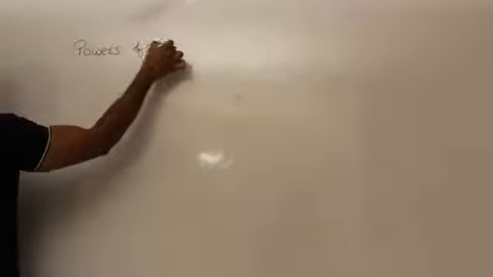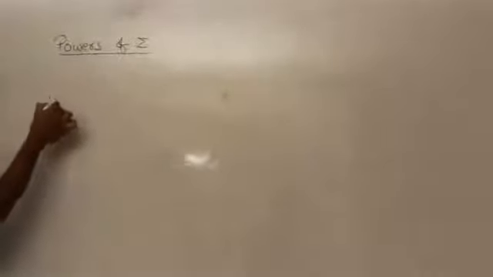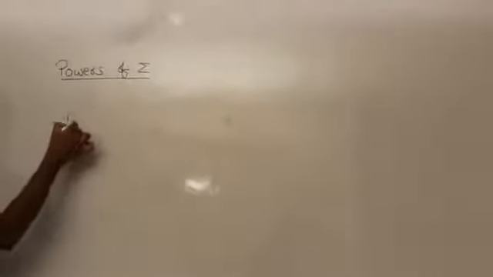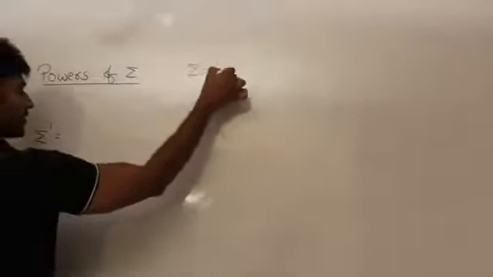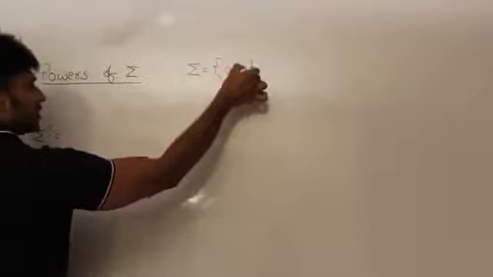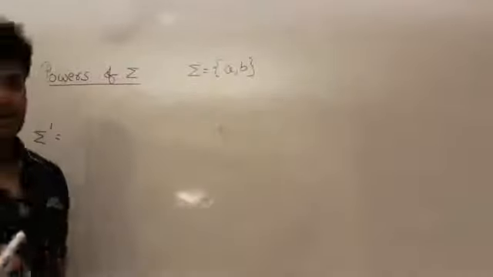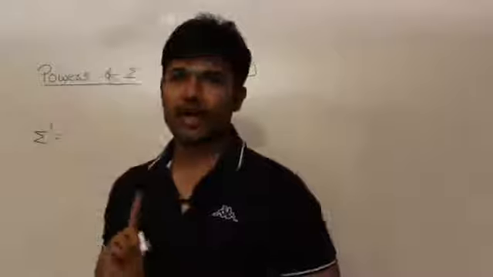Powers of sigma. So first thing is sigma power 1. Let us say we have defined sigma as {a, b}, which means our input alphabet contains only two symbols, small a and small b.